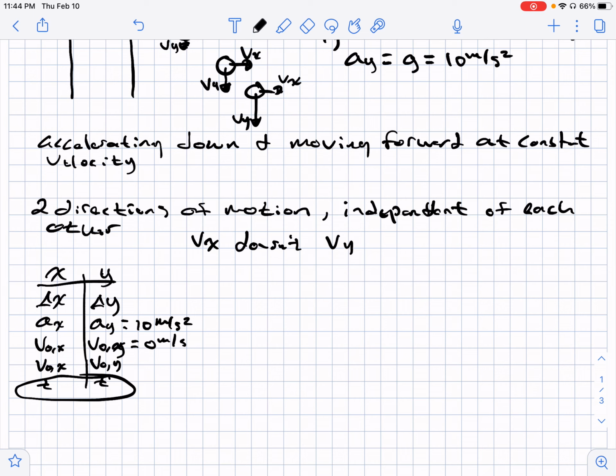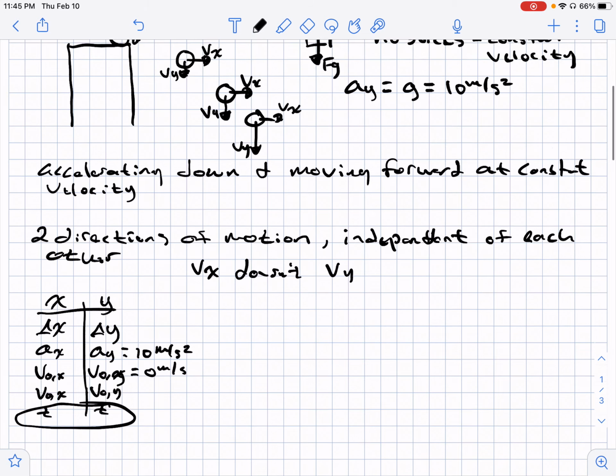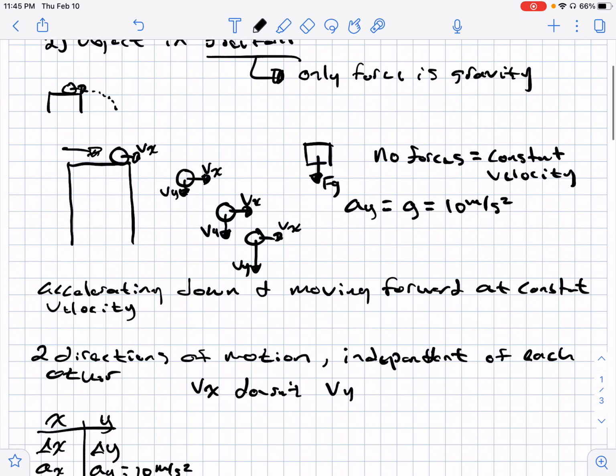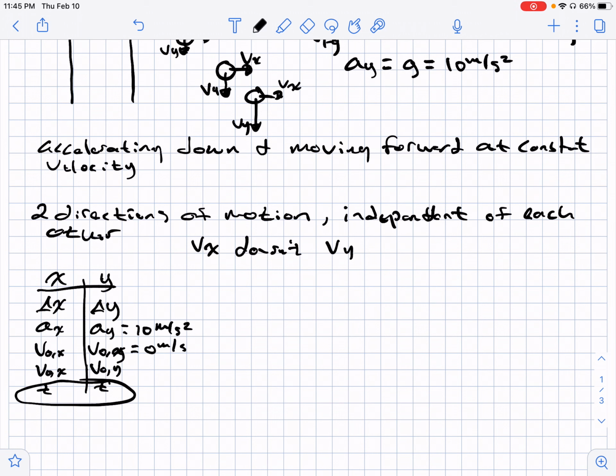And then the other piece of information that's always the case for these horizontal projectile motion problems is your acceleration in the x direction. Remember, we said that our forces were balanced in the x direction and it's moving at a constant velocity. And since it's a constant velocity, that means your acceleration is going to equal 0.